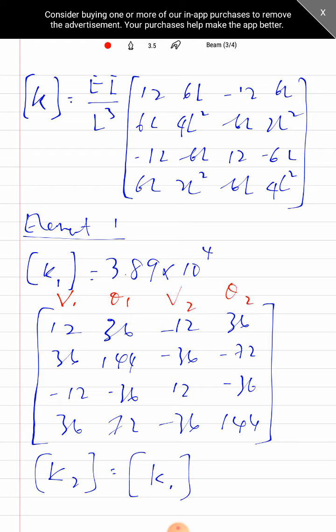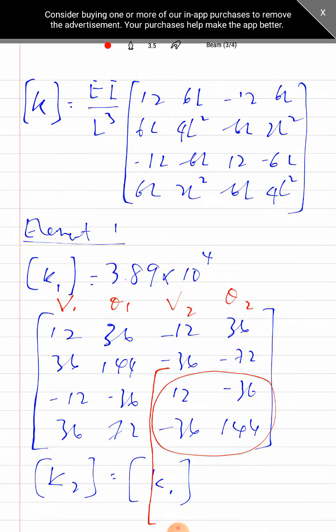So the node that intersects with element 2 is basically this component here, the node number 2. Okay, so basically your K2 will be here.